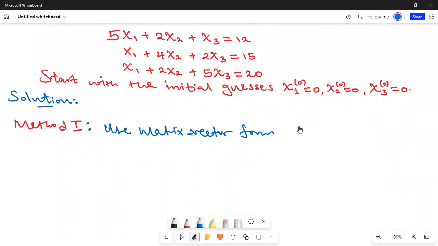So in matrix vector form, let's start by writing the coefficient matrix. That's 5, 2, 1, 1, 4, 2, 1, 2, 5. Matrix of coefficients, the unknowns are x1, x2, x3.